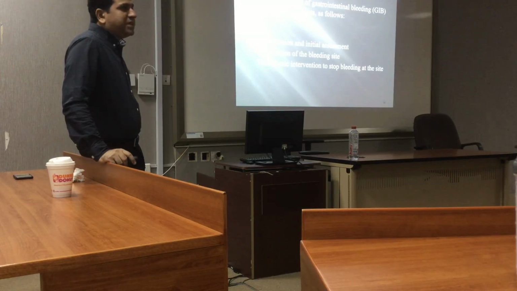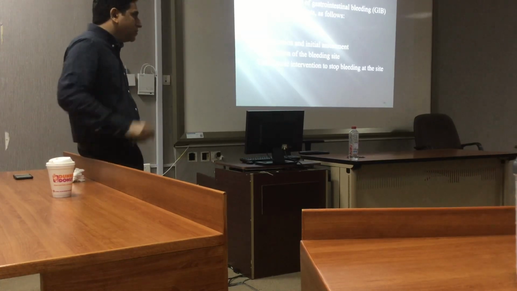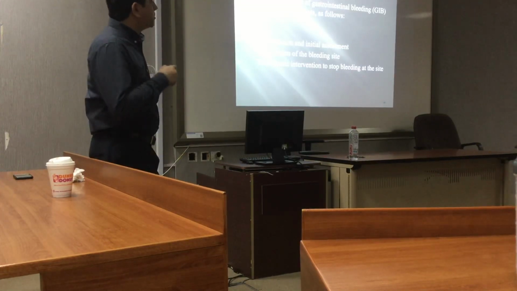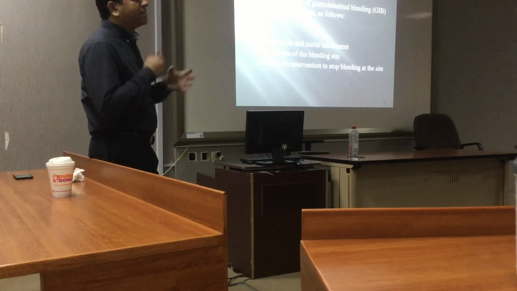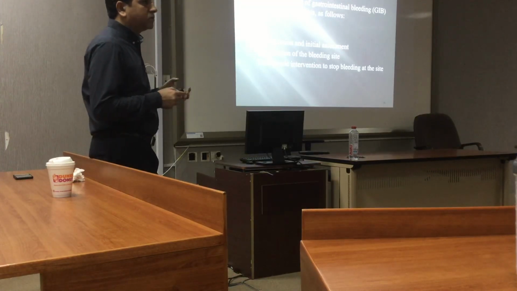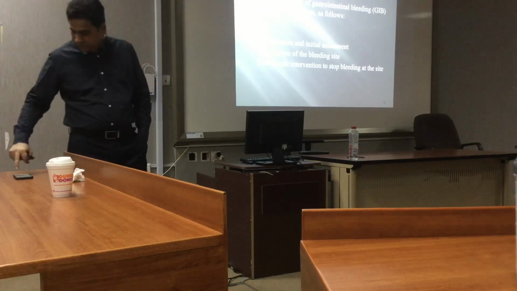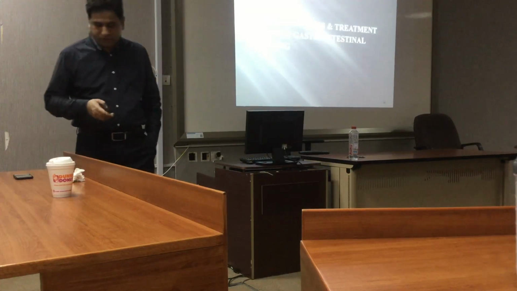In upper GI bleeding, you have the gastrointestinal scope to localize the lesion. So these are the localization tools. Then the therapeutic intervention to stop the bleeding. What are the measures to stop this bleeding? Then we will discuss one by one the different causes of bleeding.